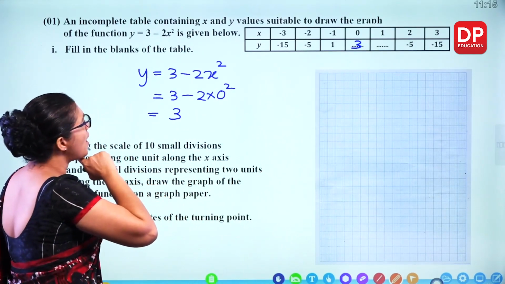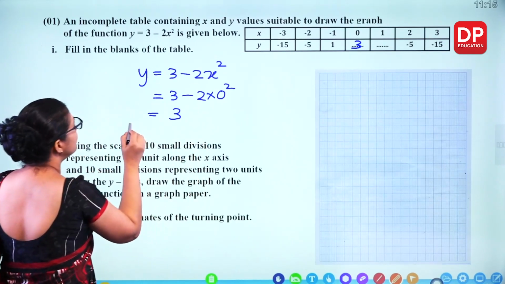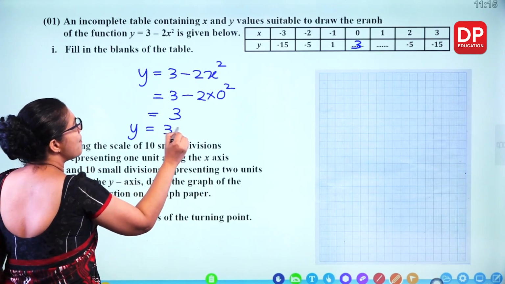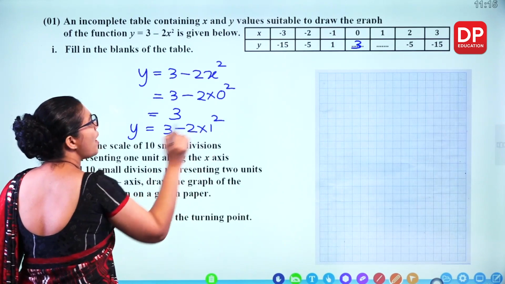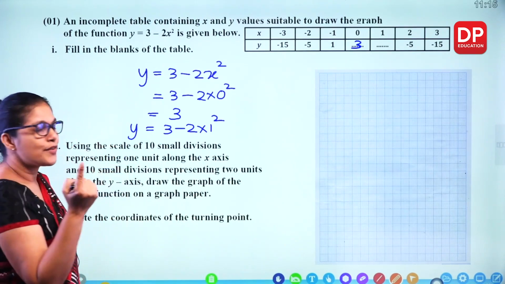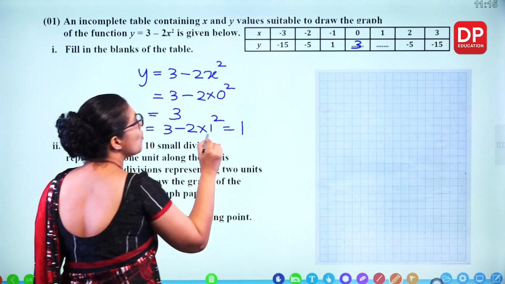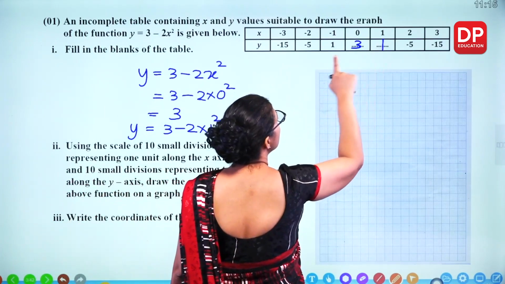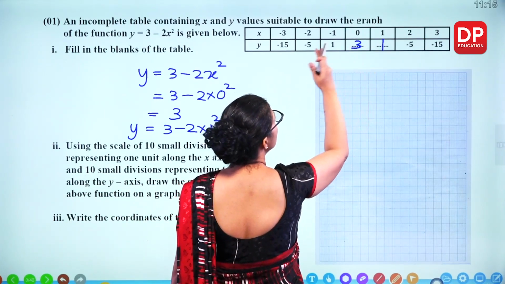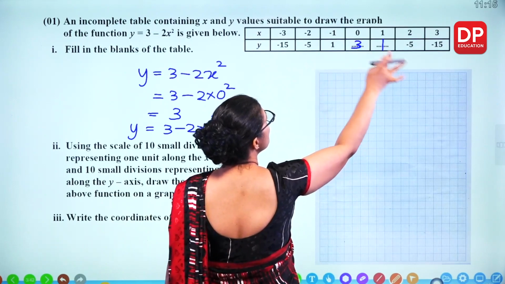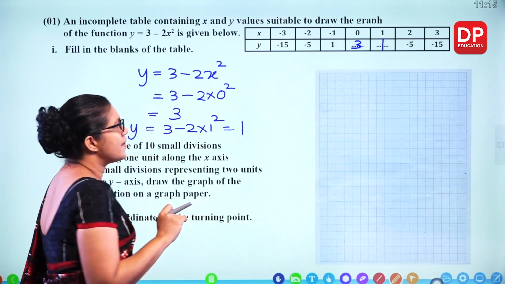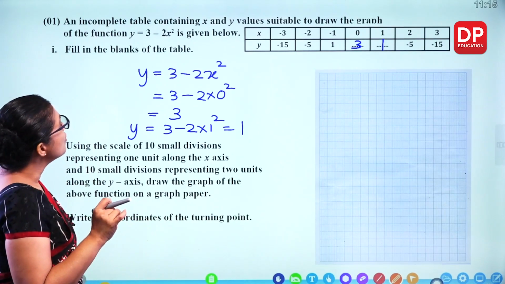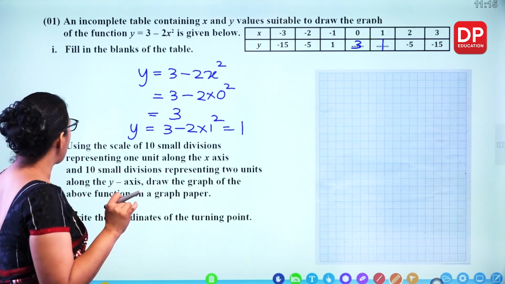When x equals 1, substitute 3 minus 2 times 1 squared. That's 2. 3 minus 2, you get 1. Here you can see by symmetry also. Here 1, 1, minus 5, minus 5. So that's correct. So that's the first part.